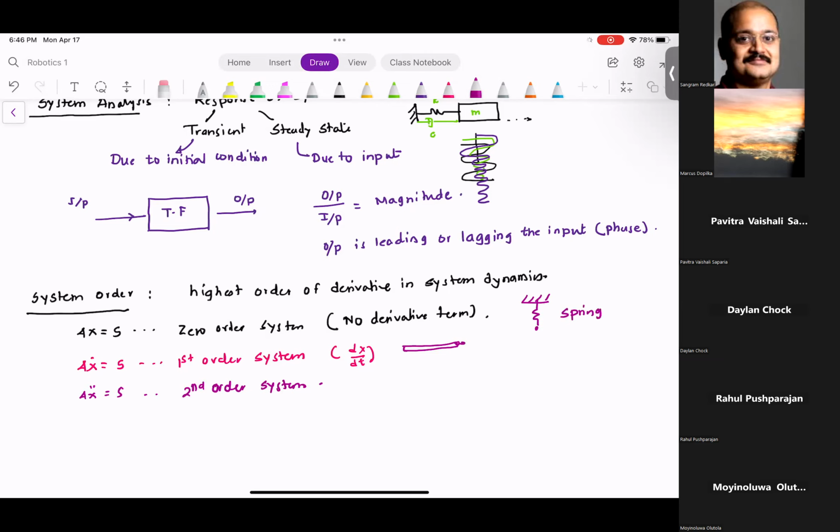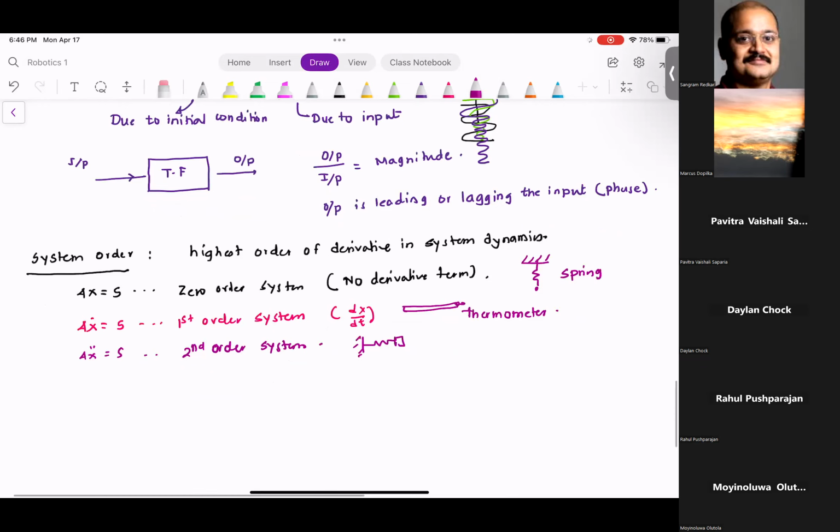So if you look at the thermometer, that is the first order system, and second order system is nothing but a spring mass system.